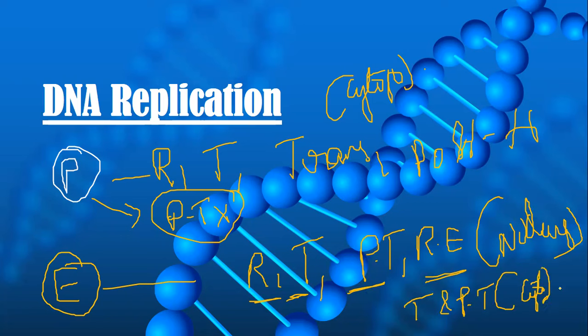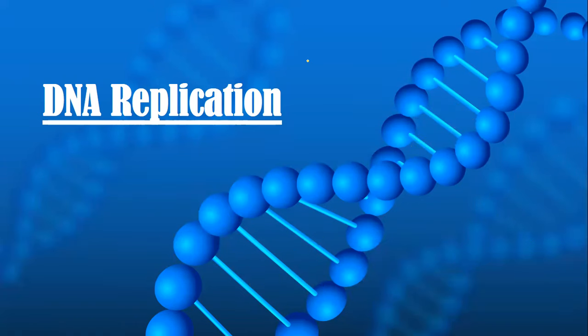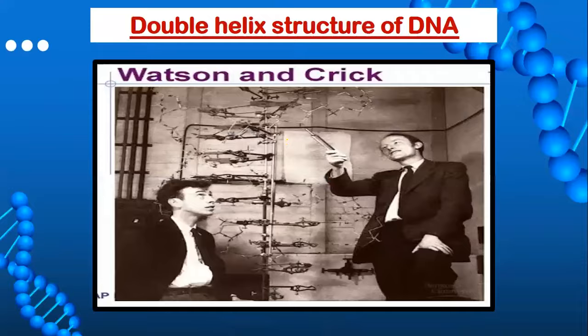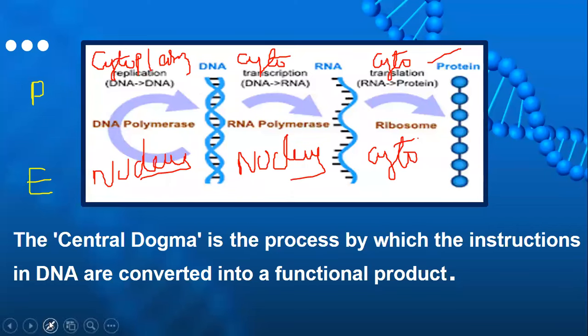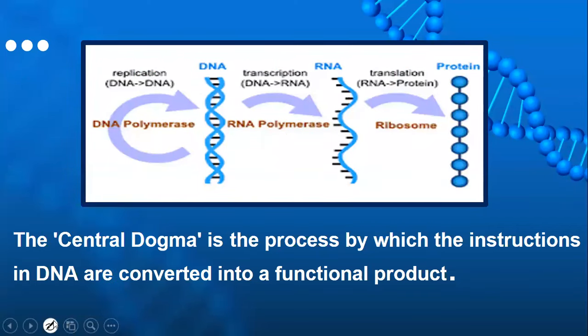They can ask a very direct question: which of the following steps will occur in the cytoplasm in case of a eukaryotic organism? Only translation and post-translation happen in the cytoplasm, remaining everything in the nucleus. In case of prokaryotes, everything is in the cytoplasm only. There is no event called post-transcriptional processes in the prokaryotes. Such a simple point it is. So you have to remember all the events and all the enzymes compulsorily.